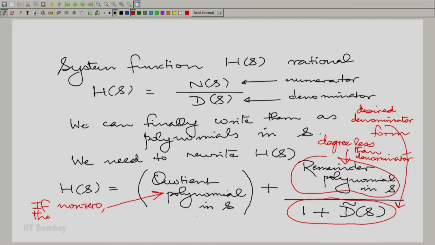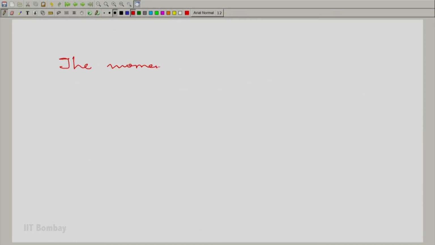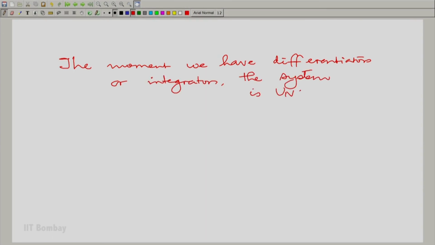There is a differentiation or a double differentiation operation. The moment you have a double differentiation operation, instability is implicit. So, if non-zero here, the system is immediately unstable if degree greater than equal to 1. So, what we are saying is, the moment we have differentiators or integrators, the system is unstable.